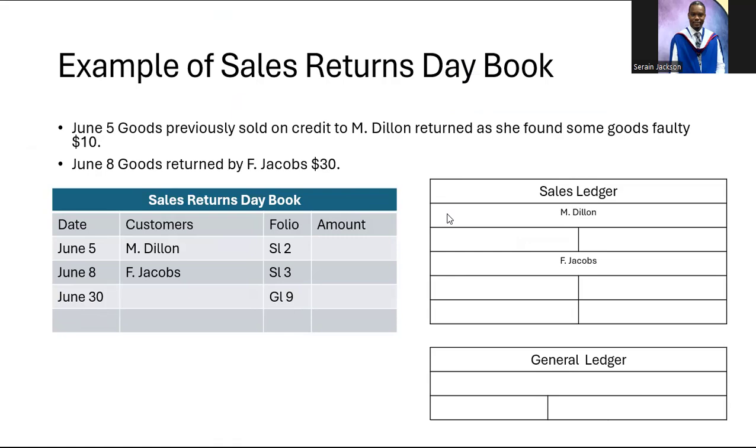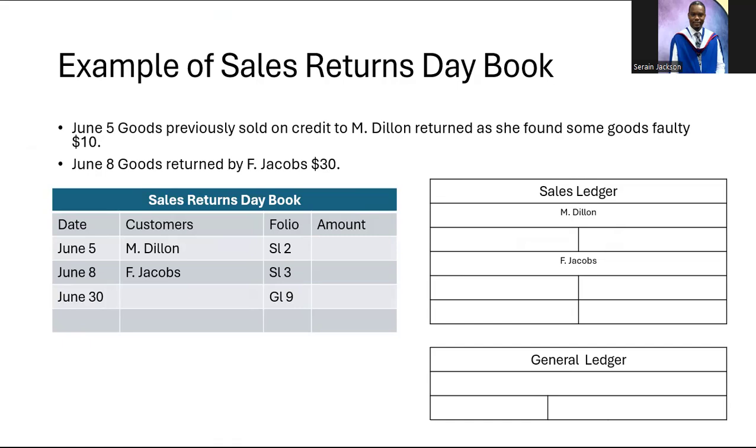You would put the note number. So for example, beside the folio column here, you would have another column before you reach the amount. That would be for invoice, and in this case, it would not be invoice number you put here. You would put the folio number, right? Not the folio number, sorry, the note number.